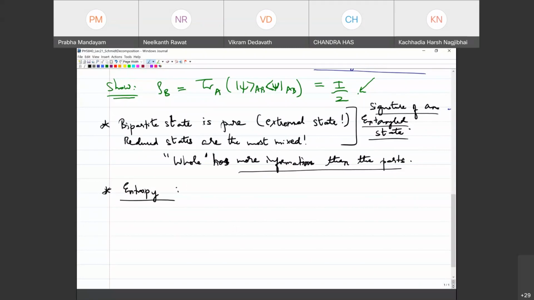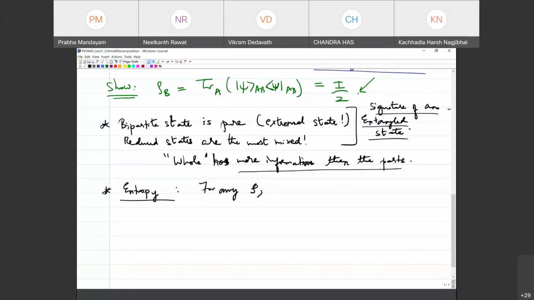So if I take any density matrix, right? So for any rho, a single system density matrix, it could be a bipartite density matrix, it doesn't matter. For any rho, for any quantum state, right?